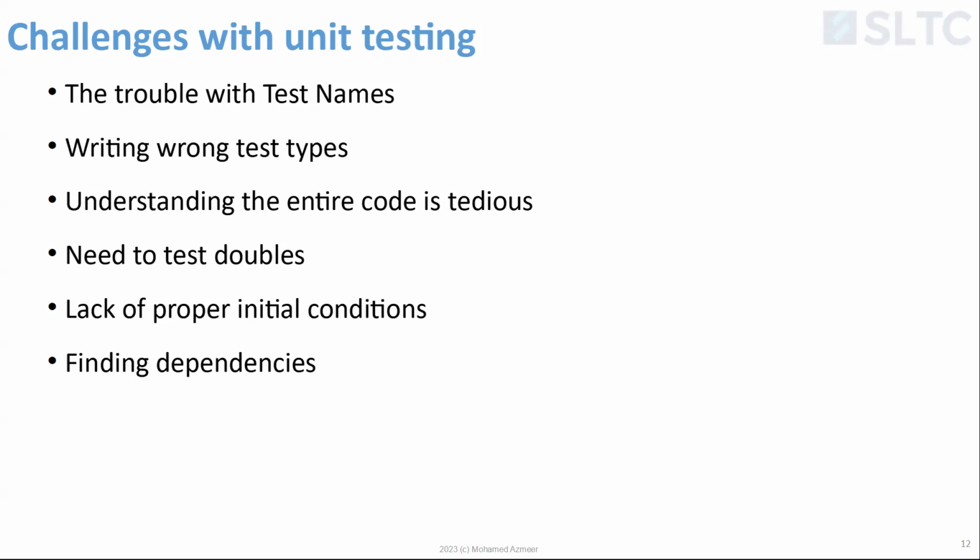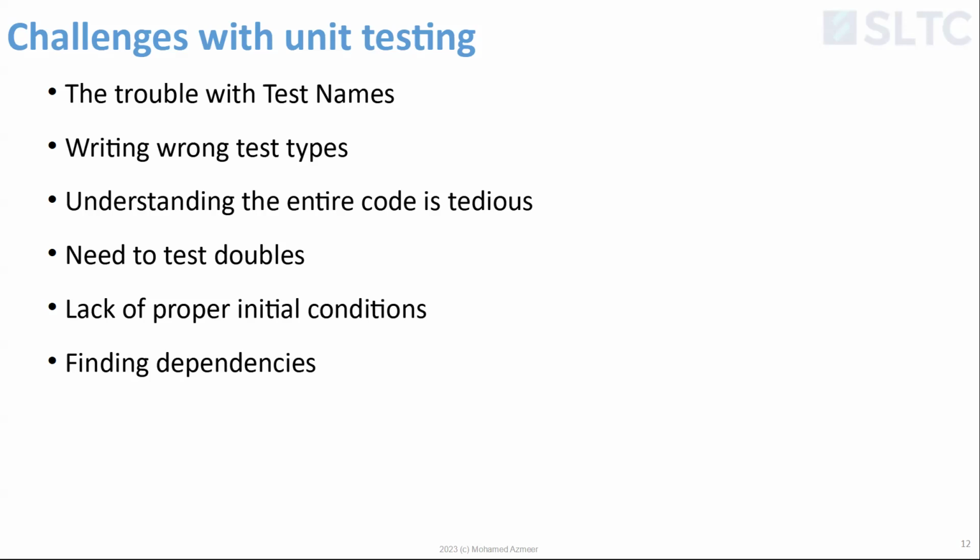And then if you're testing one piece, say one function, you don't know under which initial condition your program should be running. Let's say you are testing the salary calculation of the logged in user, but the user is not logged in, right? So how are you writing your test code?